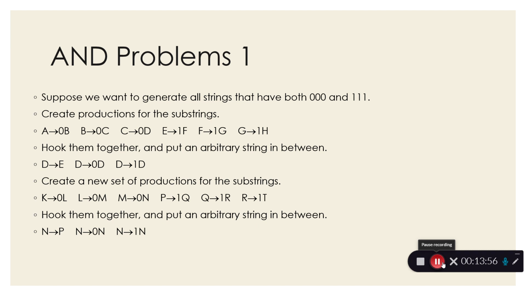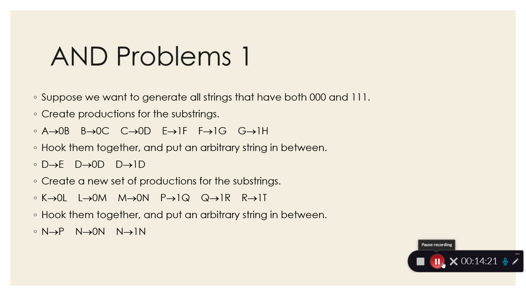So we create productions for the substrings. A goes to 0B, B goes to 0C, C goes to 0D for the first substring. Now I haven't used E yet, so E goes to 1F, F goes to 1G, G goes to 1H for the second substring. I'm not sharing symbols between those sets of productions.